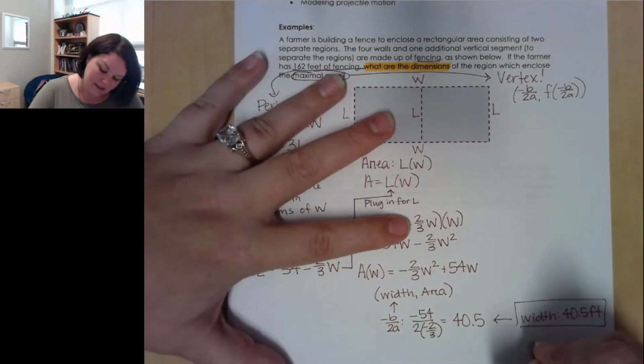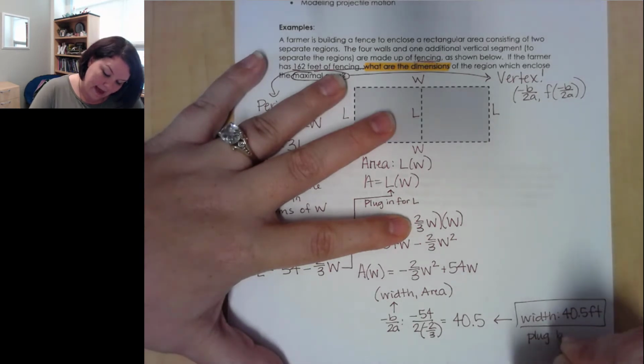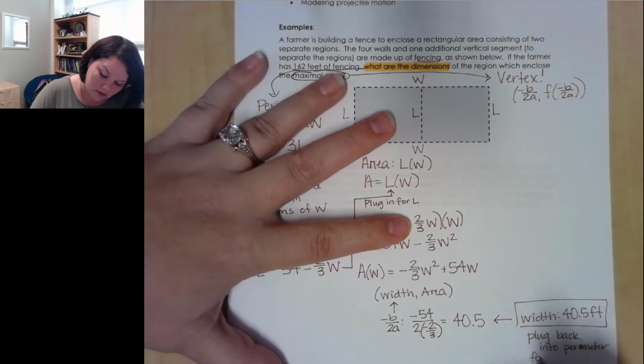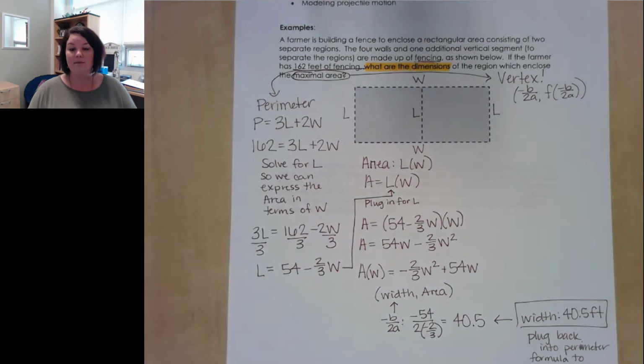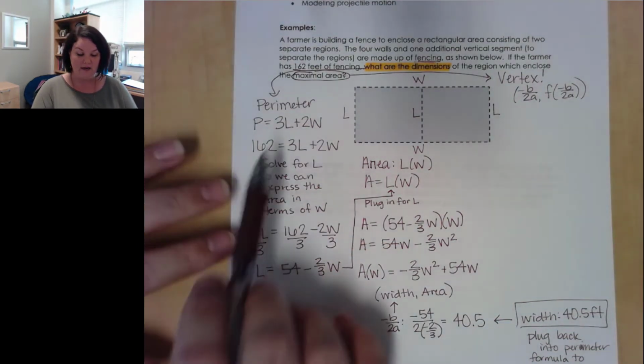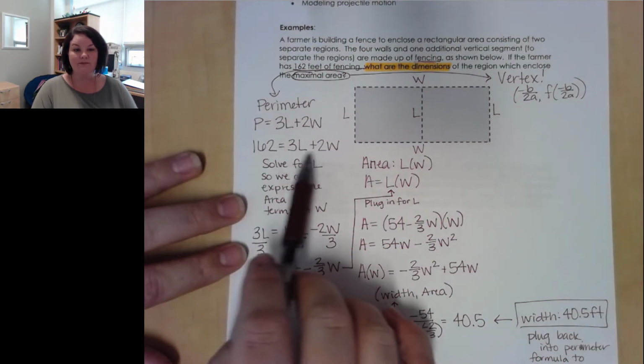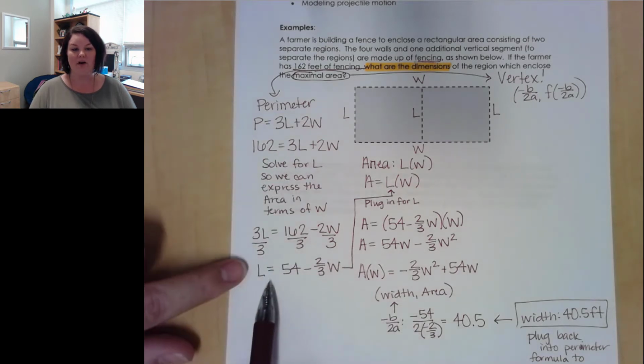I'm just going to say plug back into the perimeter formula to find L. It doesn't matter if you plug it in way up here at the original, or where you have it already solved for L. I'm going to plug it in right here because it's already solved for L.